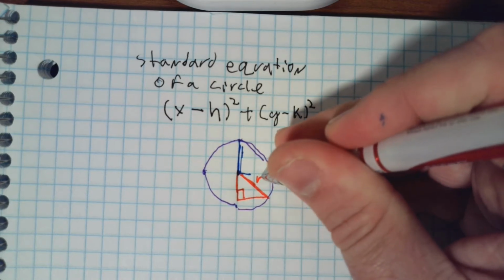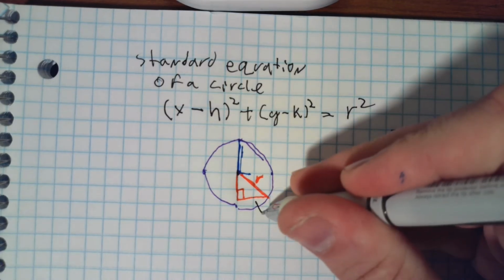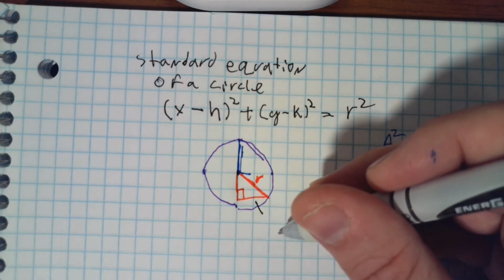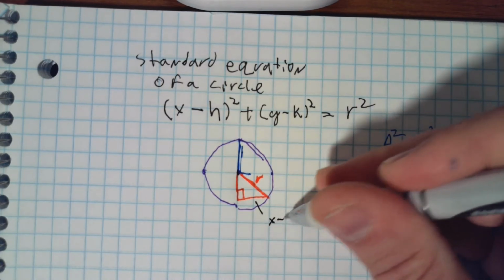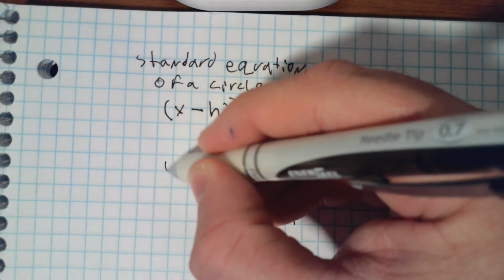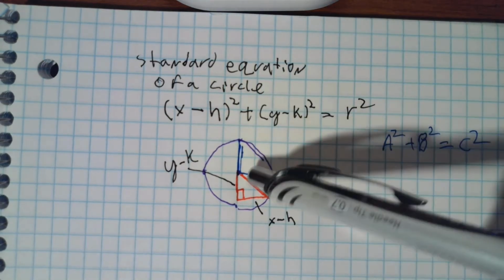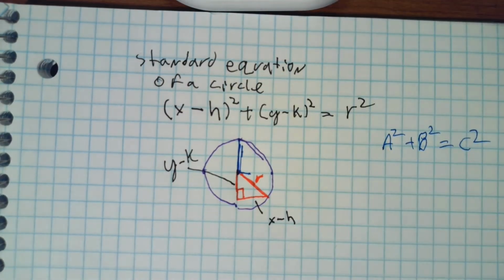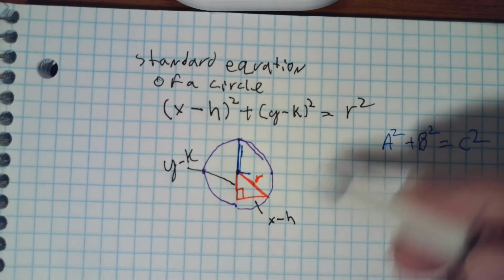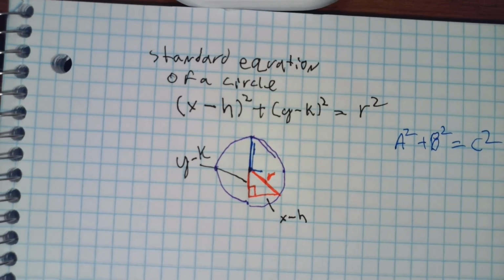Of course, that is going to be the radius, the hypotenuse. This basically is going to be the x minus h, and this is going to be basically the y minus k. So the Pythagorean theorem is used to kind of rotate the hypotenuse around and make the circle. We're not going to have to do any of that. I just want you to kind of understand where it comes from, or understand what your book said.